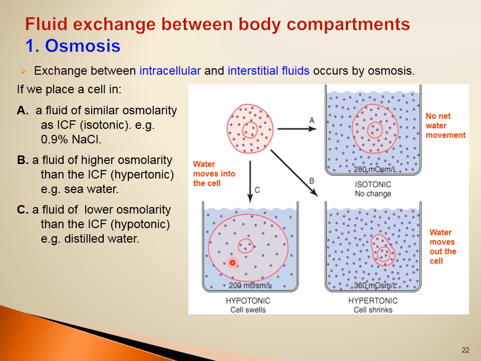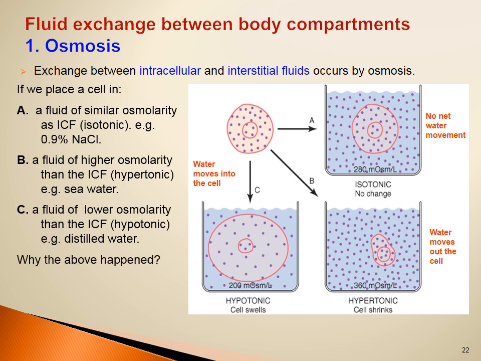In this case the osmolarity of the intracellular fluid is higher than the osmolarity of the hypotonic solution, and the osmotic pressure gradient will favor the movement of water from the solution into the cell, and this will cause the cell to swell, and if it is left like this, the cell might rupture.